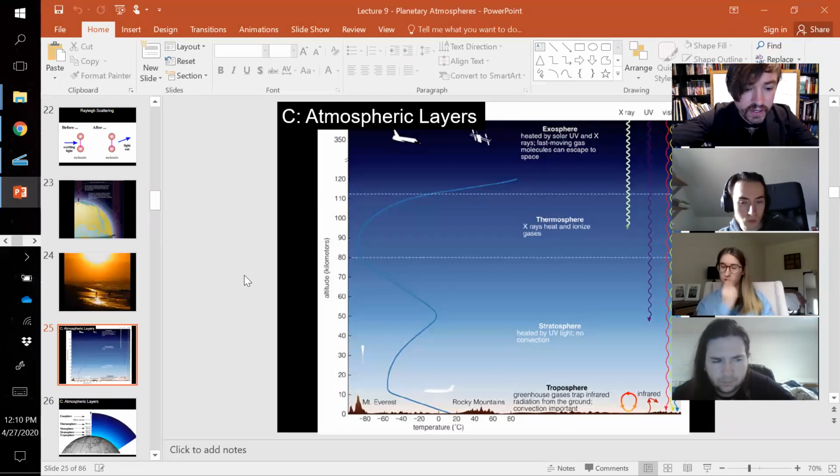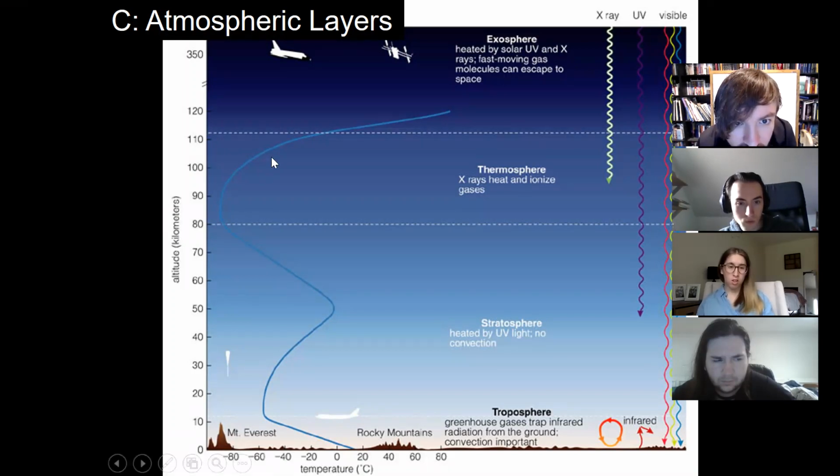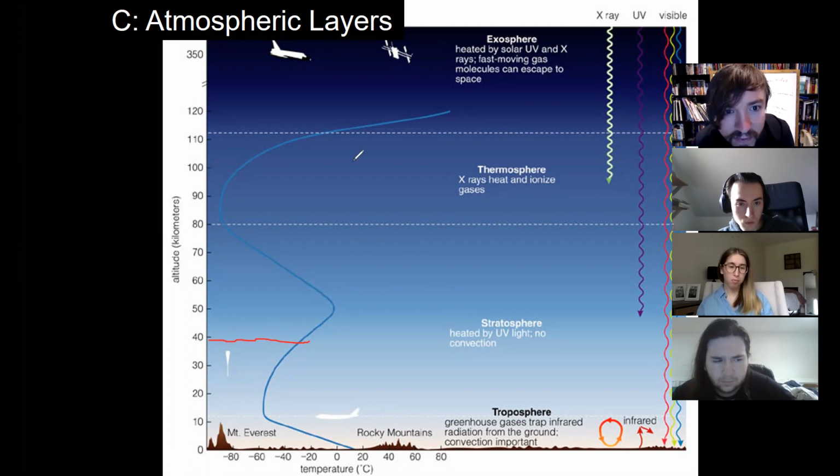Click function F5, 25. Baumgartner is like here. If he was 39 kilometers, this is how high he went up. He wasn't even at the top of the stratospheric bump, right?